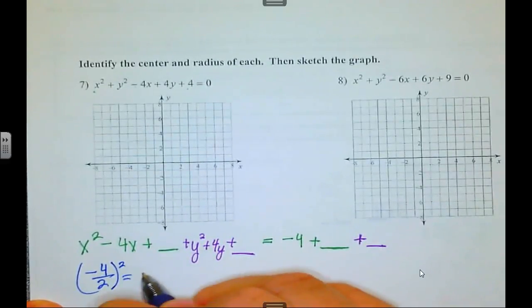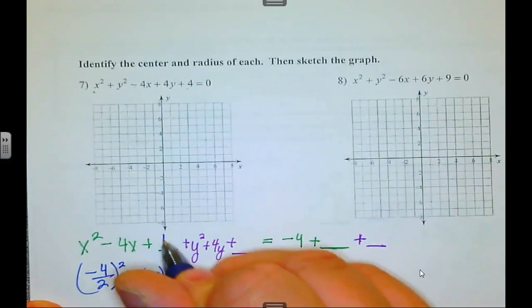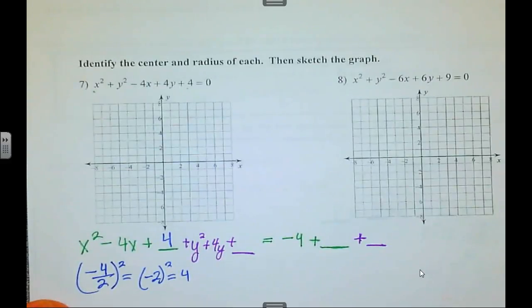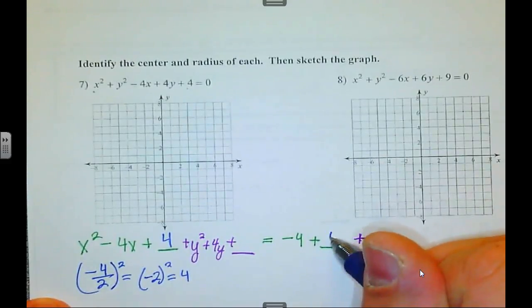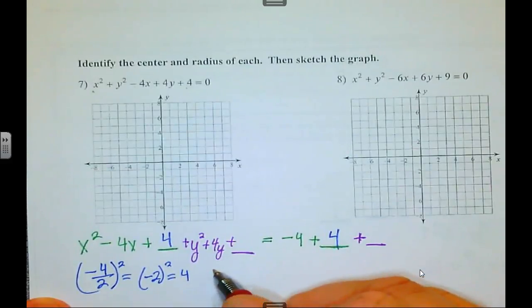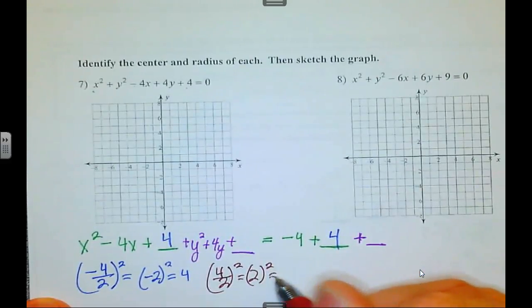Negative 4 divided by 2 is negative 2 squared, which is 4. For my y's, oh, I forgot to add 4 over here. Then for my y's, I have positive 4 divided by 2 squared, which is 2 squared, which is 4.